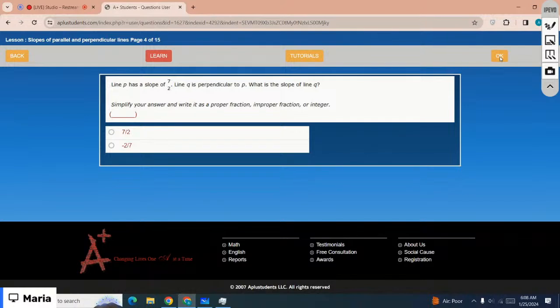If the lines are perpendicular, that means their slopes are negative reciprocals of each other, right? So, line P has a slope of 7 over 2, then line Q has a slope of negative 2 over 7.